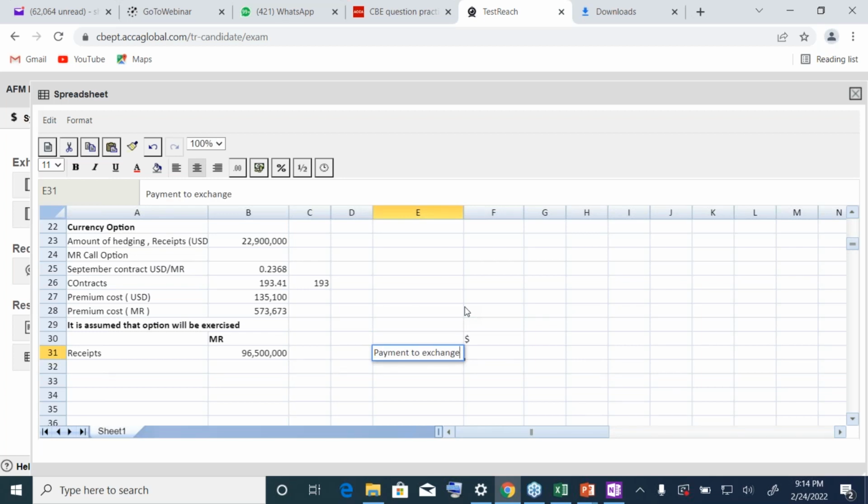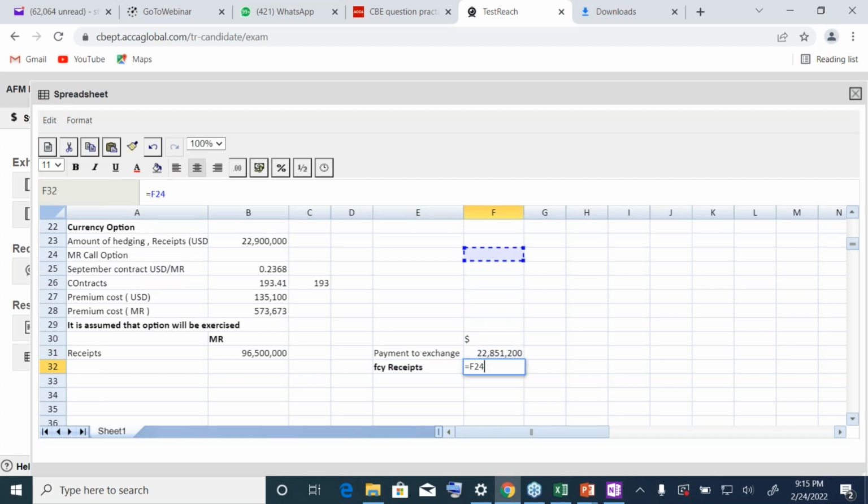If you are receiving home currency, that means you will be paying foreign currency. How much will you pay in foreign currency? At the strike rate, which you have locked with the exchange. So you are going to pay 22.85 million. How much are you receiving?